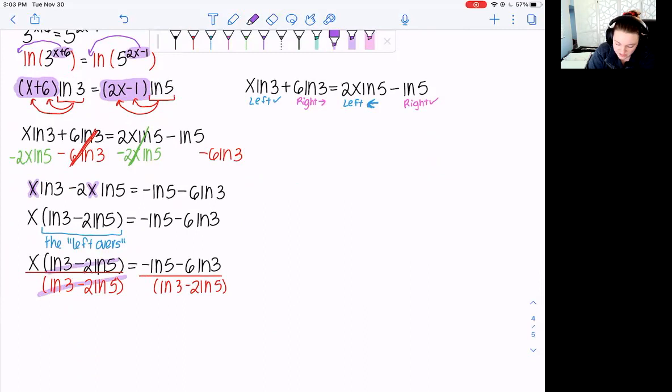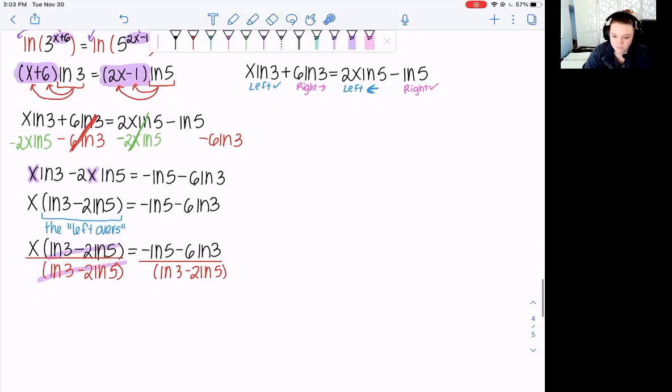The entire factor cancels. We could not just cancel ln 3 and then 2 ln 5. We don't cancel individually like that. It's that the entire factor cancels. What we're left with is x equal to negative ln 5 minus 6 ln 3 all over ln 3 minus 2 ln 5.